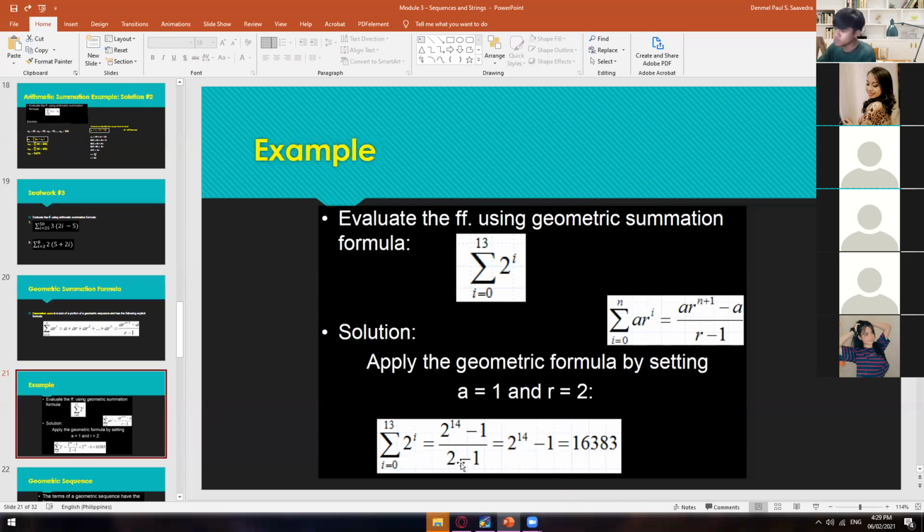So r here is 2, your a here is 1, so 2 minus 1. So if you're going to simplify this one, as you can see, 2 minus 1 is 1. So we can have this simpler expression instead. Okay, so 2 raised to 14 minus 1. So use your calculator, okay, to solve this one, and then you will get 16,383.